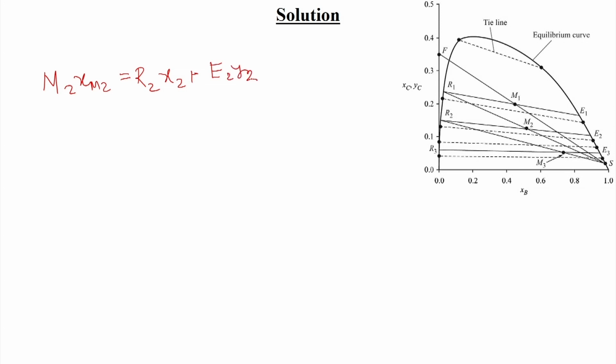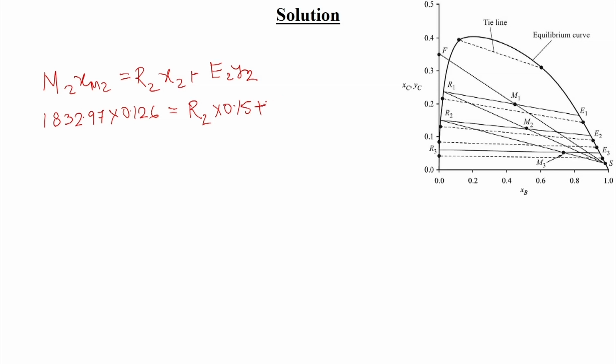So, we have m2 as 1832.97, and xm2 we have found as 0.126, equal to r2, which is unknown to us, into x2, which is 0.15, plus E2.